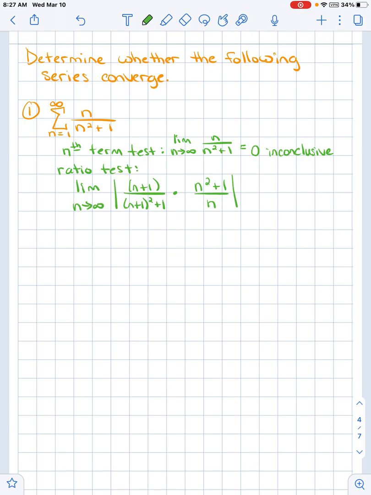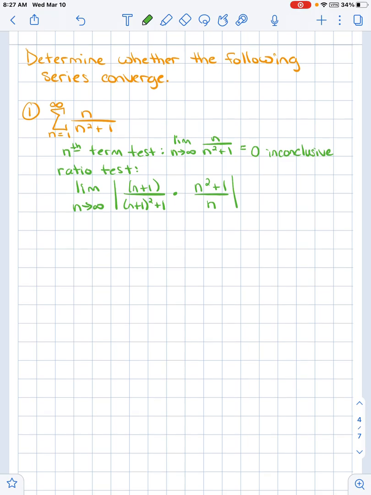If I do this, this has to be less than 1 in order for this to be true. This is the ratio test, and it's like that geometric series. If this ratio is less than 1, then we know that this will be converging.